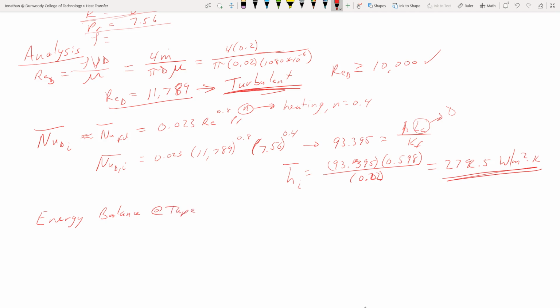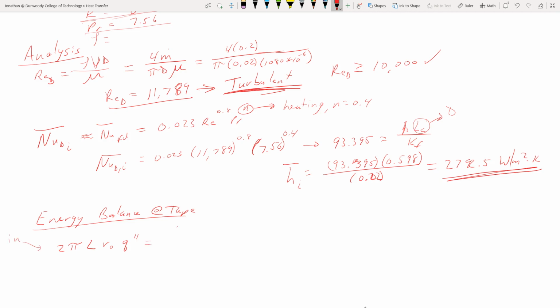So if we take an energy balance at the tape, we have the area there, 2 pi L times our diameter is R_o. So 2 times the R_o gets us our diameter, times pi times L times our flux, that's what we have flowing in.